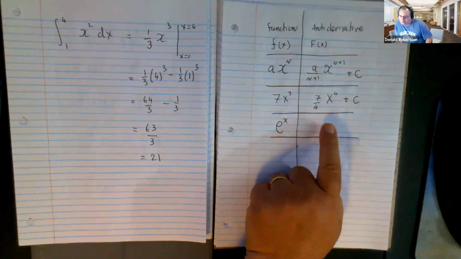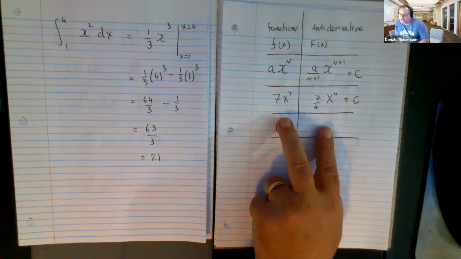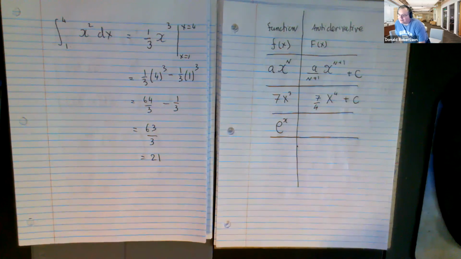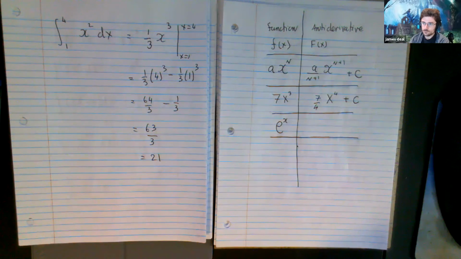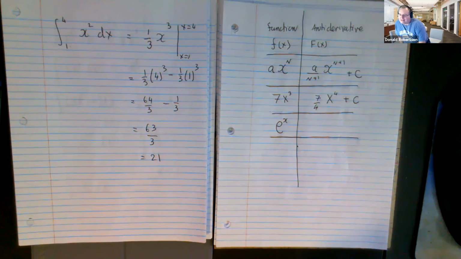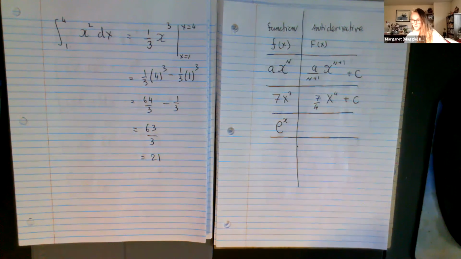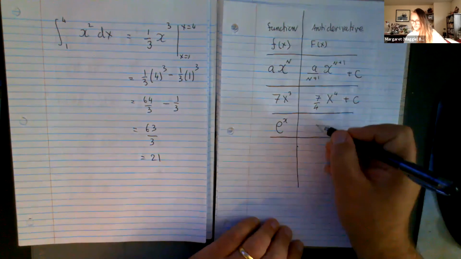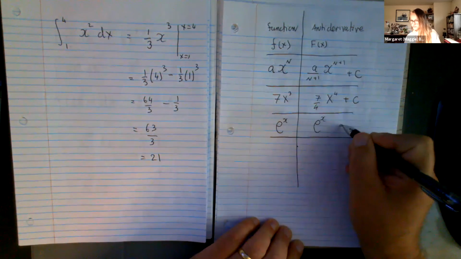So what function do I put here, that when I differentiate it, I get e to the x? One of my favorite functions. What is the antiderivative going to be? Isn't it e to the x plus c? Yep.